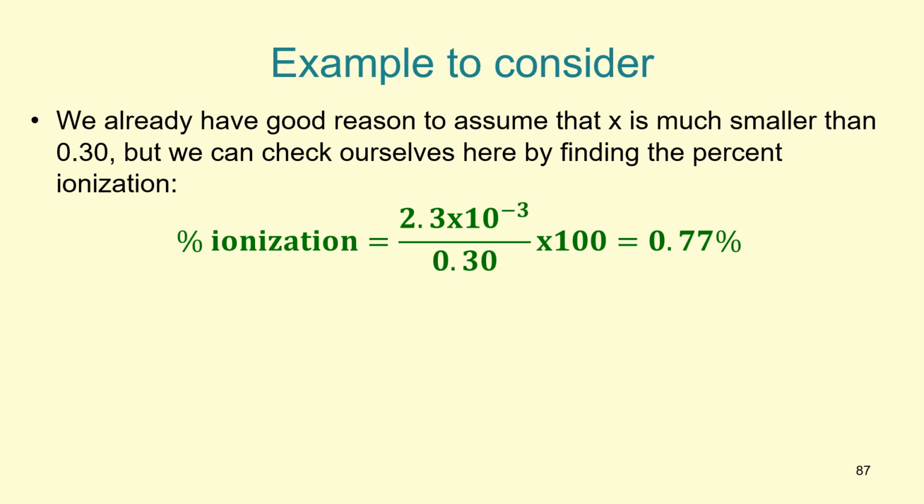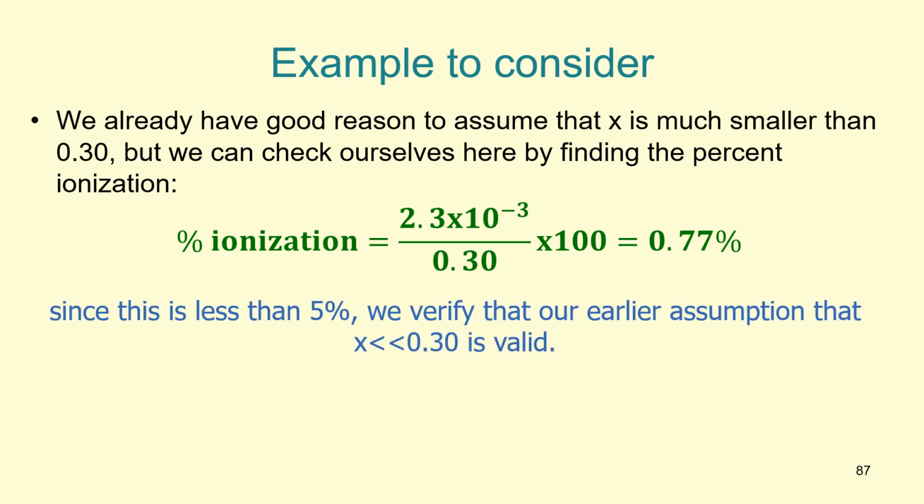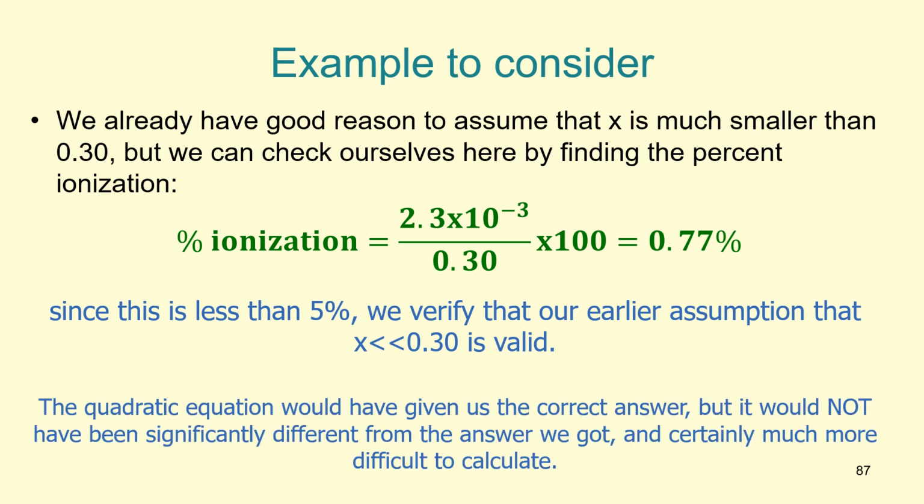But if you wanted to complete your proof and write that, you can do that and say it's definitely less than 5%. So our assumption that X is much less than 0.30 is a valid assumption. And like I said, the quadratic equation would have given us the correct answer, but it was not significantly different from the answer we did get, so that's fine.